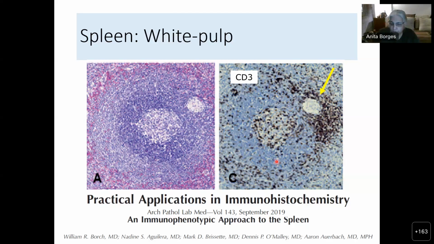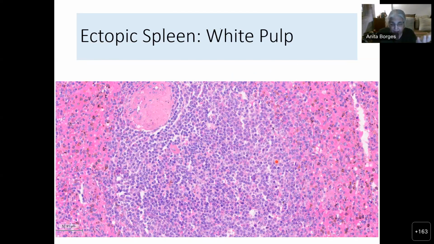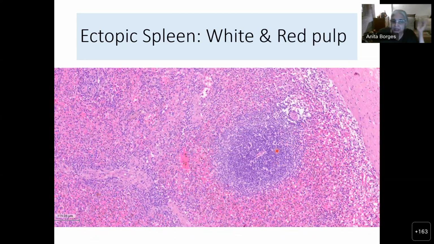So if I had done it in this particular case, this zone, which is dark, would be CD3 positive, and what was at the periphery would be CD3 negative. That is the marginal zone of the spleen. So there is a sleeve of T cells around the arteriole, and there is the marginal zone of the spleen outside of it.